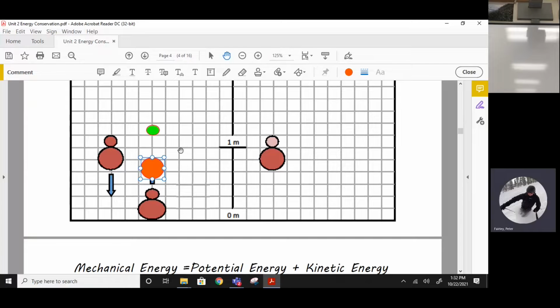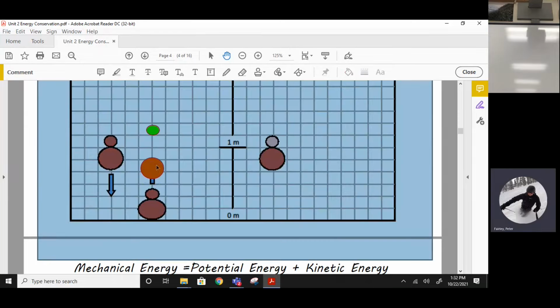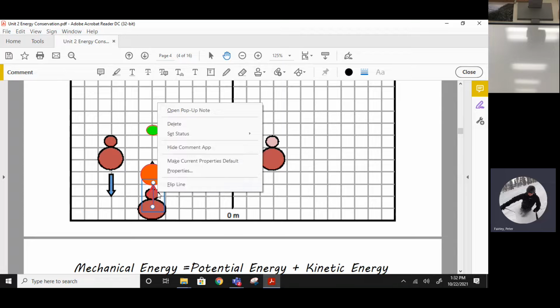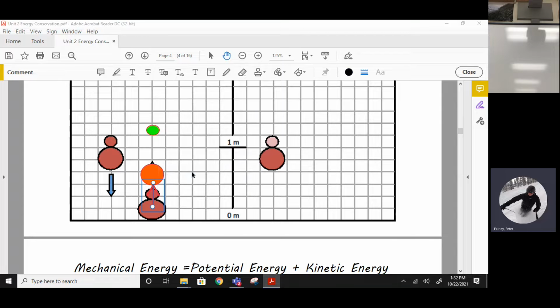And actually, I think I would have expected the basketball not to go that high either. So I'm going to move my basketball back down here. And since I've covered up the arrows, I'm going to make new arrows to show the basketball bouncing up to there. That's pretty hard to see. I'm going to change it to a black arrow.